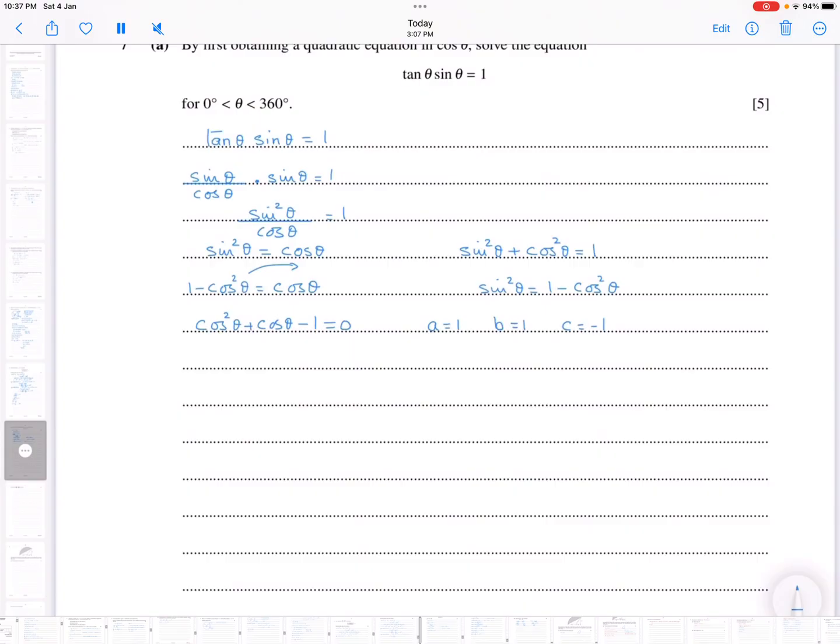Now use the quadratic formula. So instead of writing x equals, you can write cos theta equals, since you are dealing with cos theta: minus b plus or minus the square root of b squared minus 4ac, whole over 2a. Now put the values in carefully.